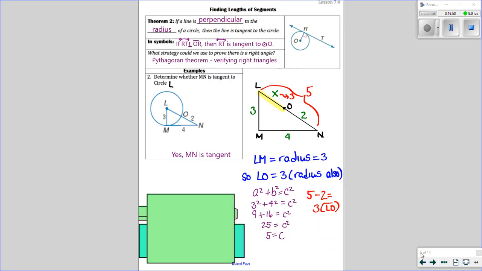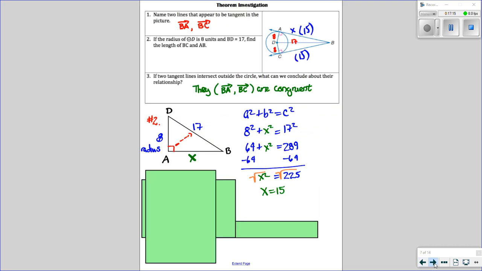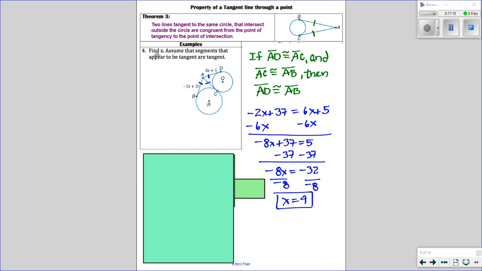Theorem 2 says that if a line is perpendicular to the radius of a circle, then the line is tangent to that circle. It's just the converse of Theorem 1, but we're saying it backwards to prove that yes, that line is tangent. And the third theorem, based on our investigation, is that if two lines that are tangent to the same circle intersect outside the circle, then those two segments are going to be congruent.